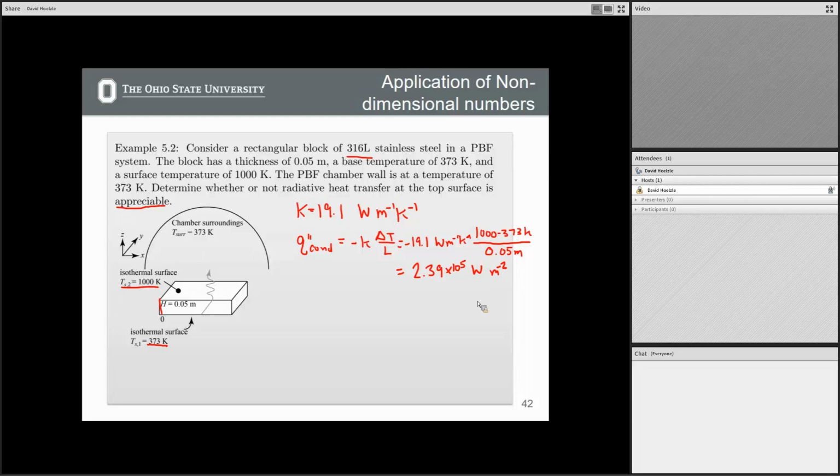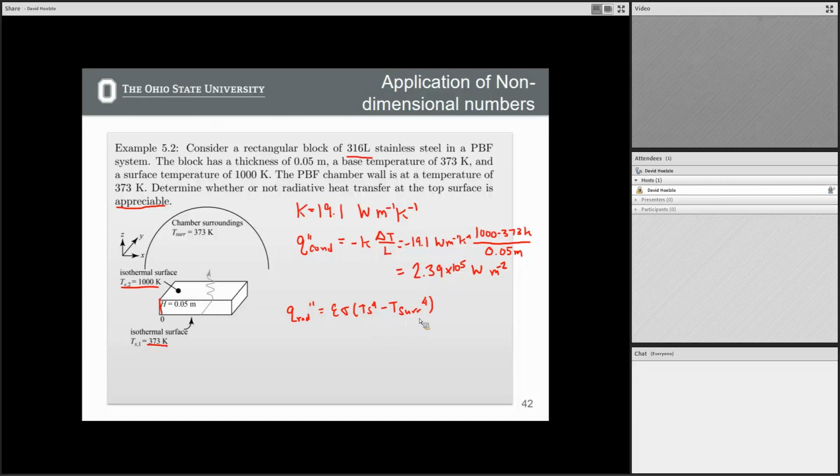All right. So this gives us just a rough number. We're trying to say, all right, is this important or is it not, from a rough idea, right? So this is obviously not exact. There are more things going on here than I'm showing, but this would be simple 1D heat transfer. If we do this now for radiative heat transfer, okay, so this is our surface temperature to the fourth.